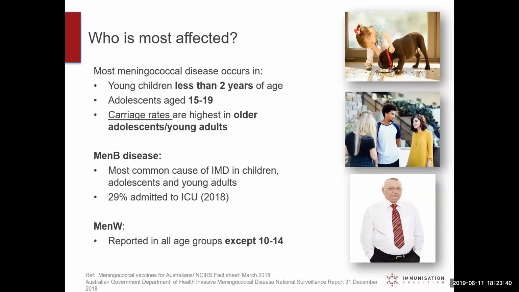But we need to be quite aware that carriage is also highest in older adolescents and young adults. These are the individuals that have close contact. They're at parties, they're at universities, they're potentially in boarding schools, etc., where they have very, very close contact.